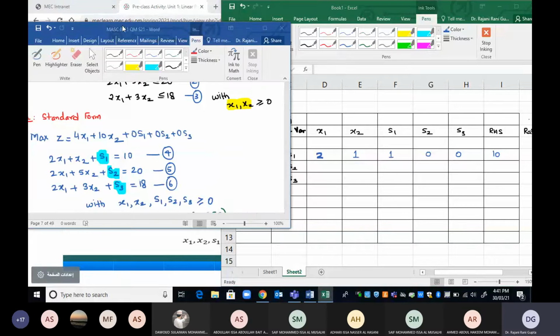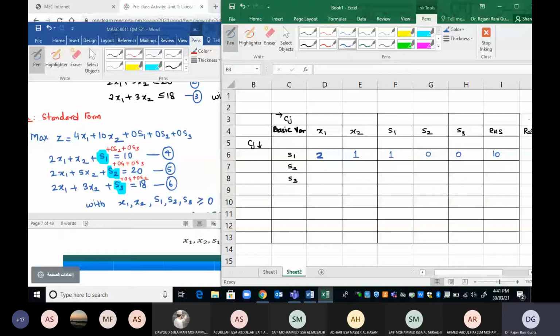In other words, we can write it as plus 0s2 plus 0s3, because 0 times anything becomes 0. Similarly, here we can write 0s1 plus 0s3. So the coefficients of s1 and s3 will be 0 here. And in this case, 0s1 and 0s2.